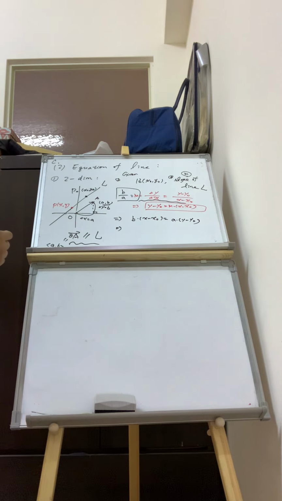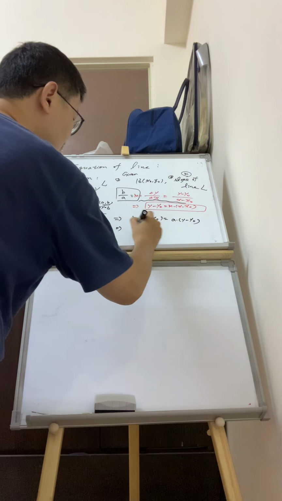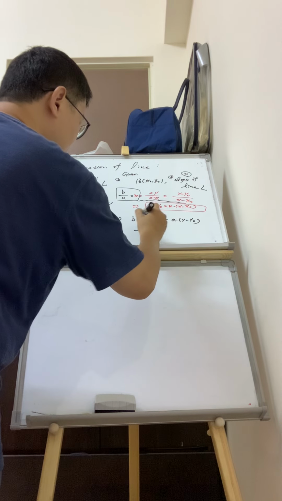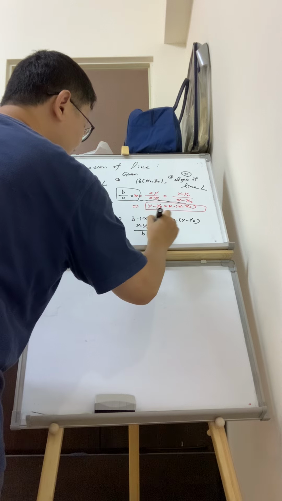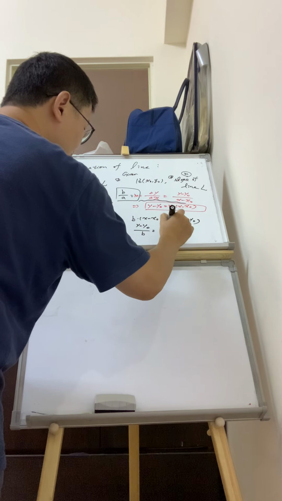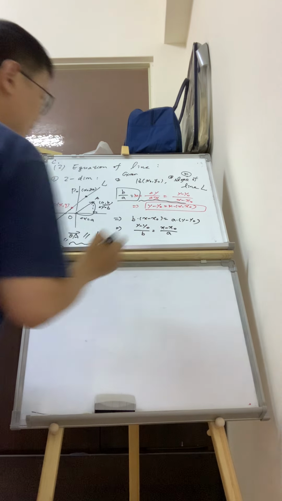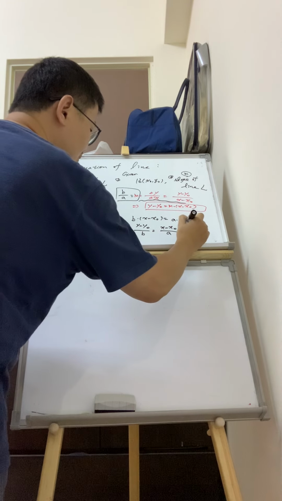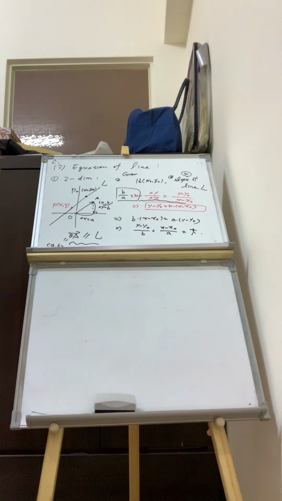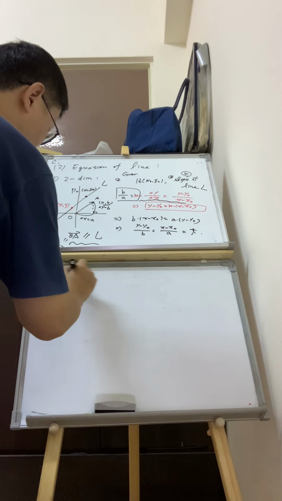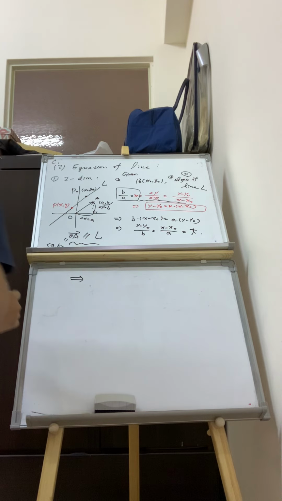We move b to the right-hand side and the scalar a to the left-hand side, and if we denote the common value by t, then we could rewrite it.